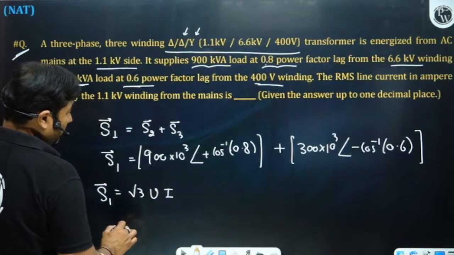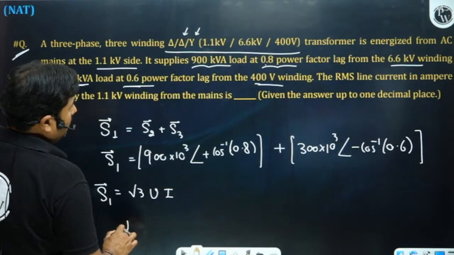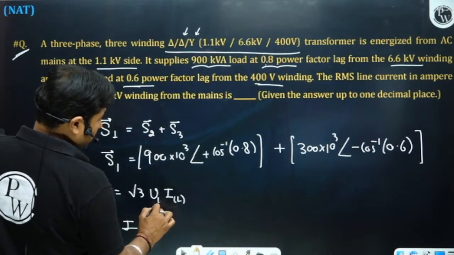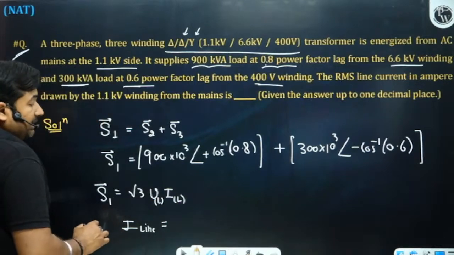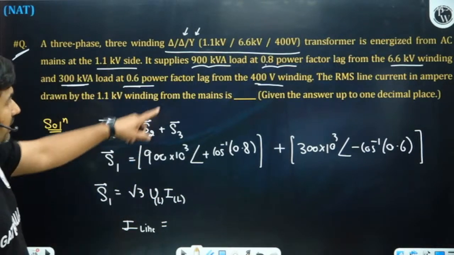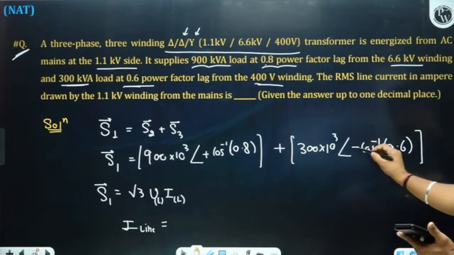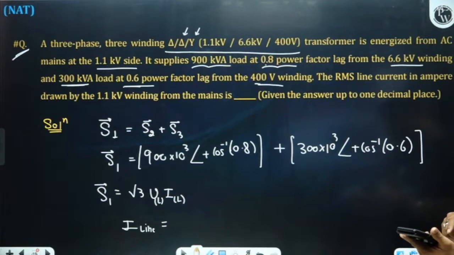So this will give you the value of the line current from the primary side, because it's a 3-phase transformer and it's the total kVA supplied. So total kVA supplied will become 900 at an angle of plus cos inverse 0.8, plus 300 at an angle of plus cos inverse 0.6.